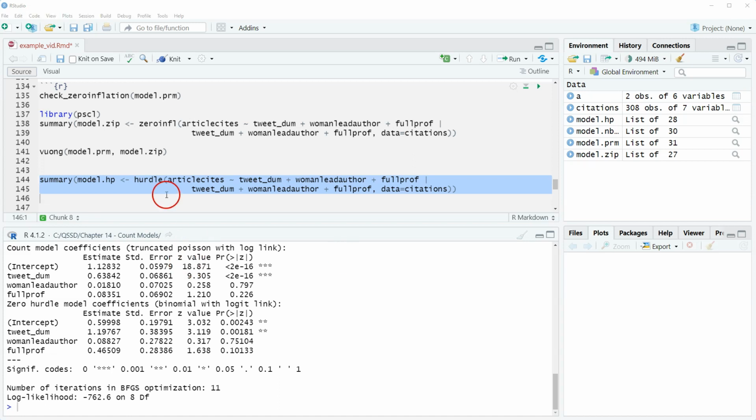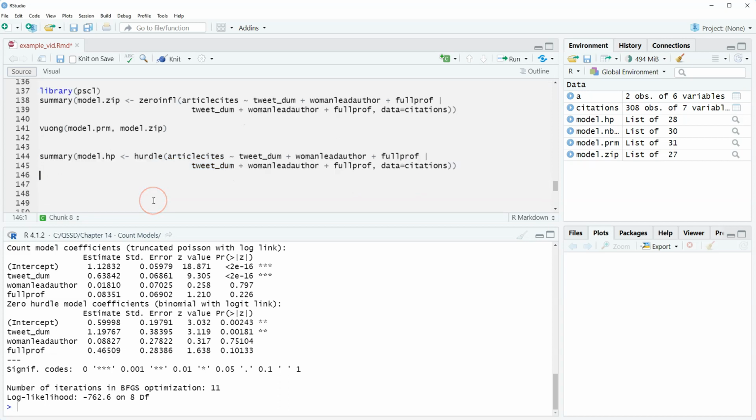Okay, the last thing that we'll do here is we'll try to figure out which model is the best model to use. So we have our Poisson regression model, which I've bashed a lot in the chapter and also in these videos. And we just did the Vuong test, and the Vuong test says that the zero inflated is preferred.